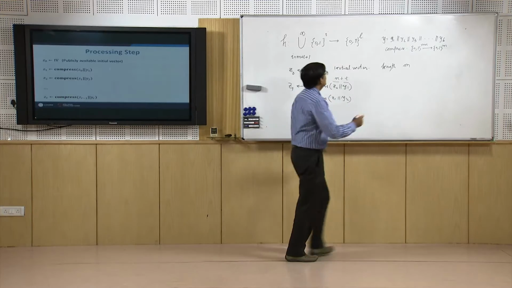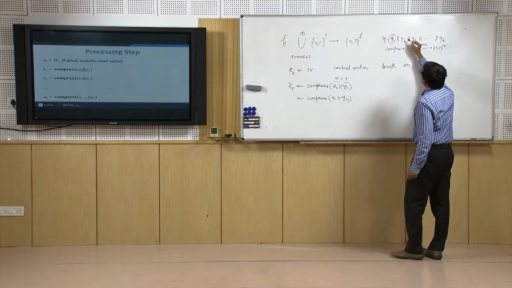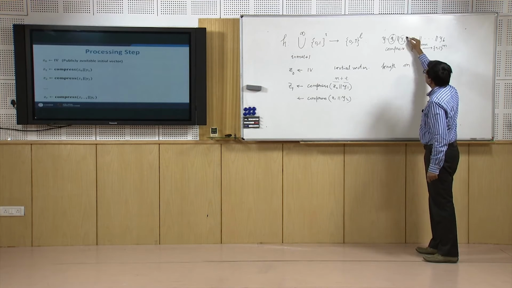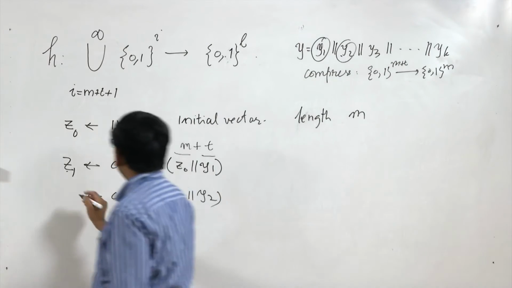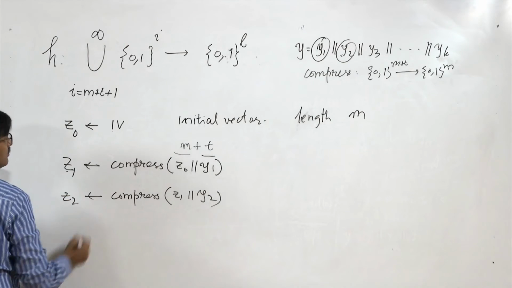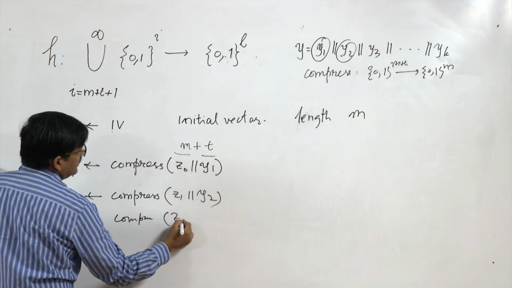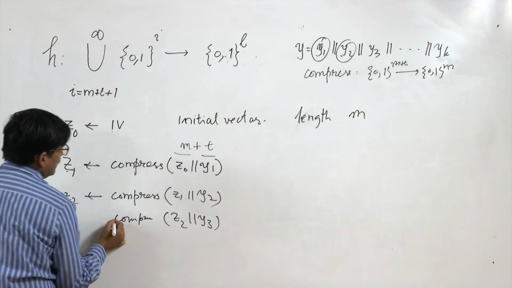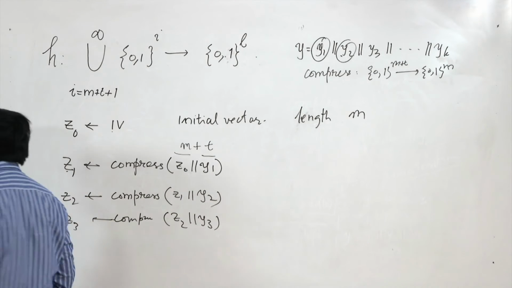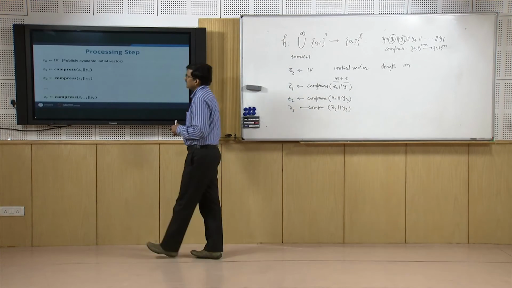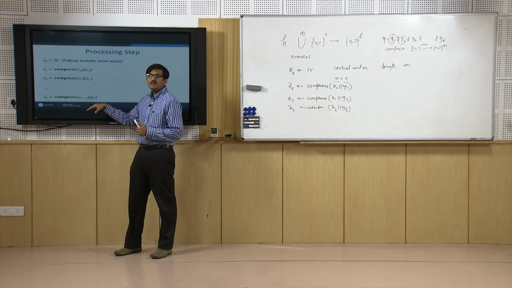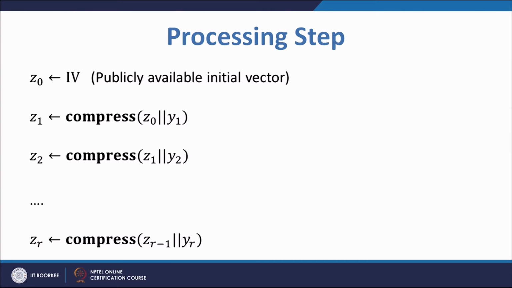So, one by one we are catching the initial segments of y, now we catch y2 and then we will write z2 and then we will write compress z2 concat with y3 and write z3, and predictably we will go like this, ultimately we will come to some yr, let us say that is the last segment. So, yr, the previous value of compress zr minus 1 concat yr, and we are getting zr.